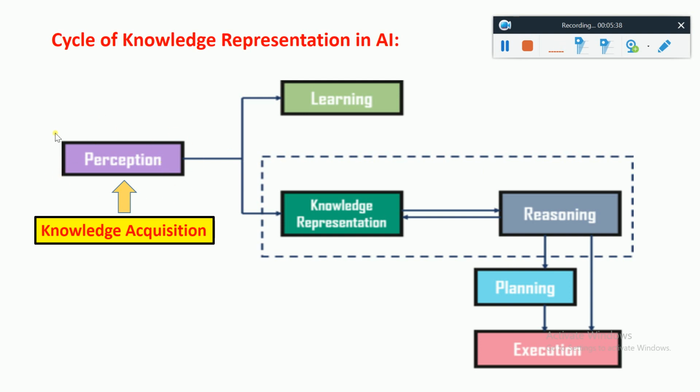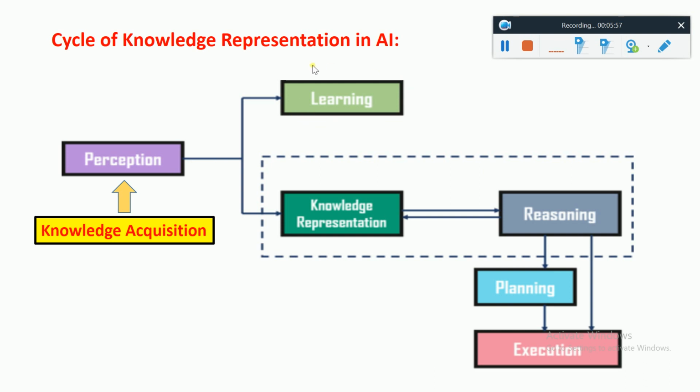The perception component basically perceives or retrieves data or information from the environment. It also defines how to respond when any sense has been detected. So this is the perception component.